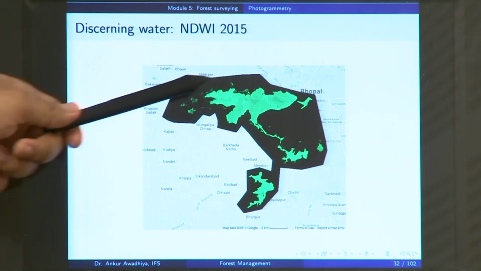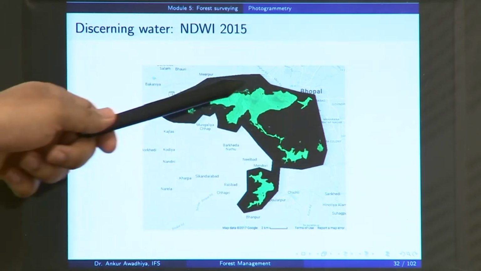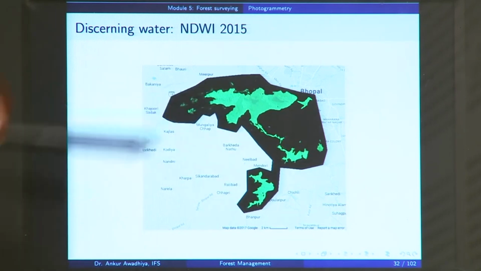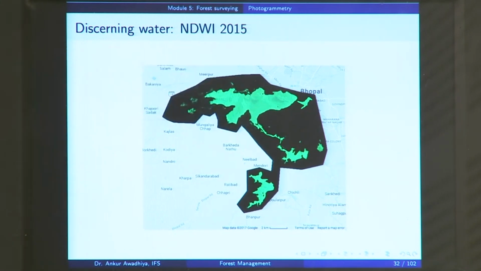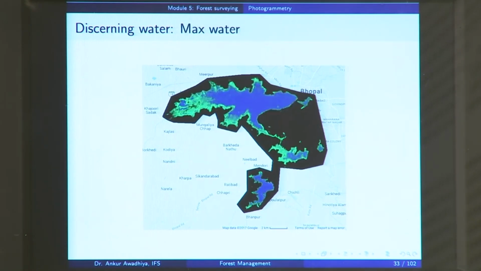In this picture, where you do not have any water is black in color, where you have water is shown as green in color. And now you can make use of the data that you have over the past 30 years.